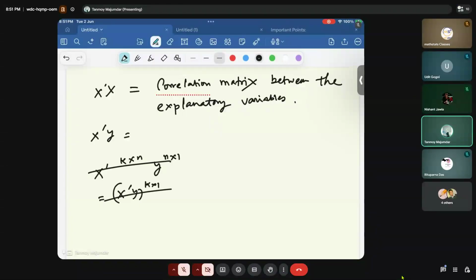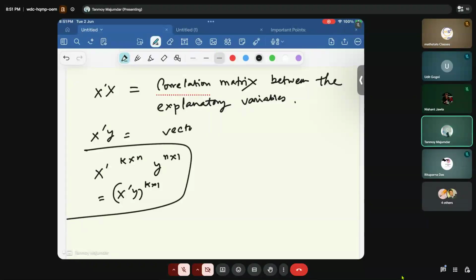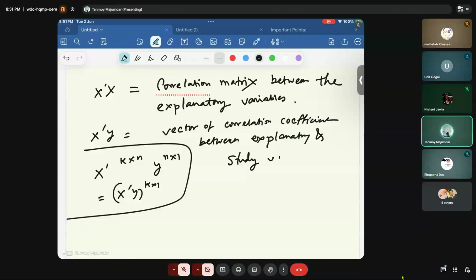That is the vector of correlation coefficients between x and y. What is our x? X is the explanatory variable, and y is the study variable.